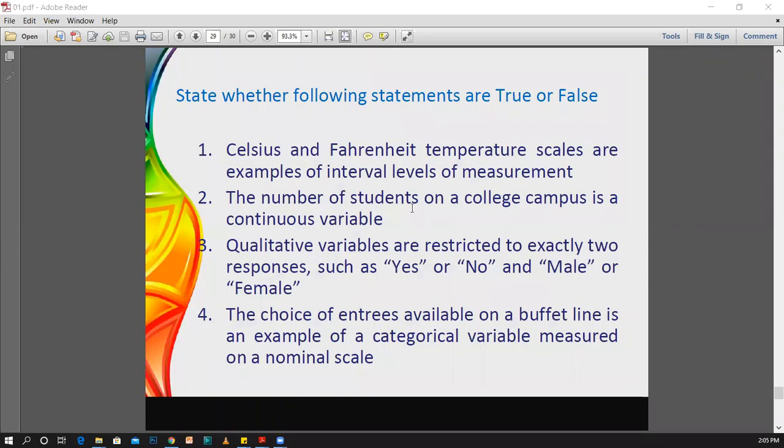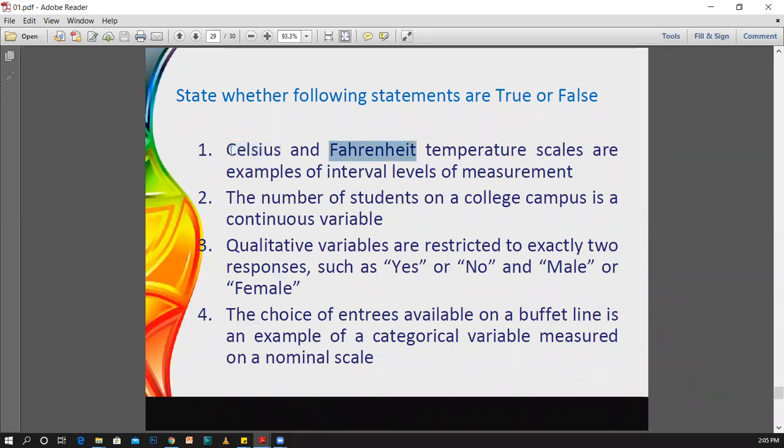Okay, this is one thing you can go through. State whether the following statements are true or false. Here they are saying Celsius and Fahrenheit temperature scales are examples of interval levels of measurement.